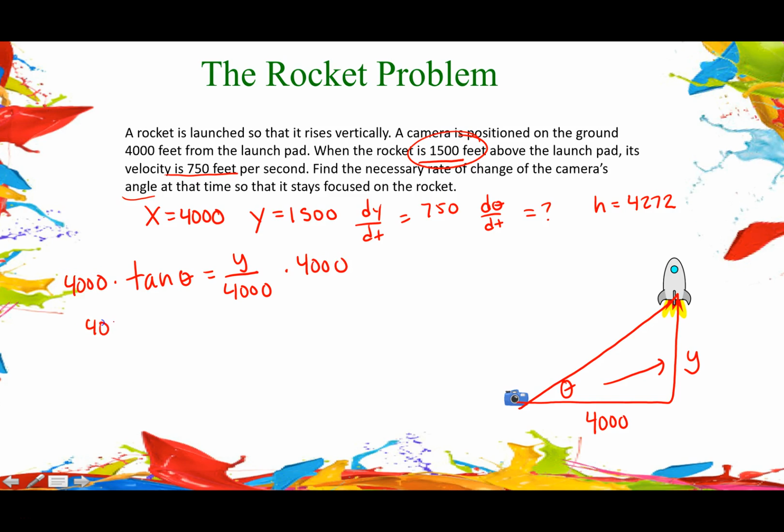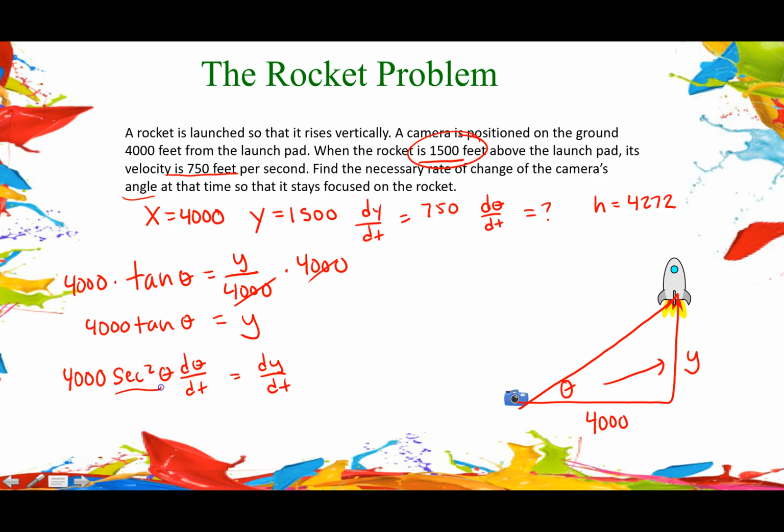Okay, I get 4,000 tangent theta is equal to y. Now let's take the derivative of both sides. So I get 4,000 secant squared theta d theta dt equals dy dt.